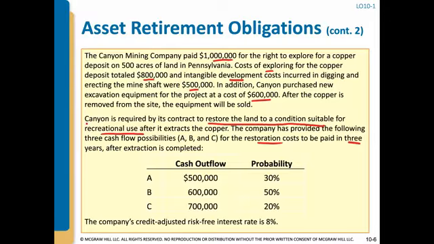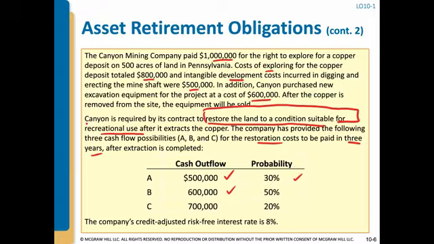So this is a 3-year project, and because we don't know exactly how much we're going to spend to restore the land to conditions suitable for recreational use, companies will often do this probability table. In this example, this company thinks it's going to cost $500,000 to restore the land, and there's a 30% probability of that amount being correct.